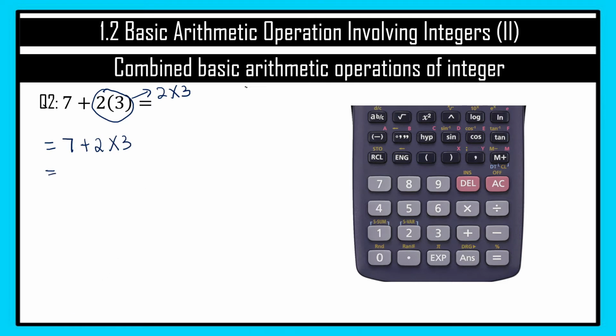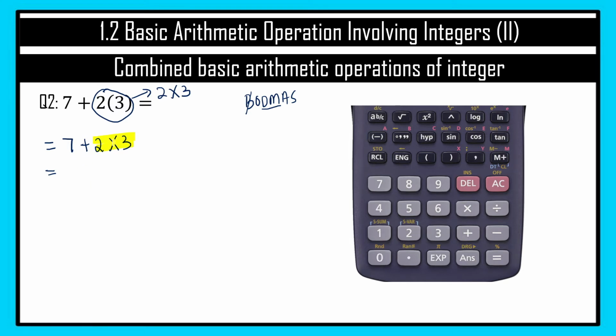Alright, according to BODMAS, which I'm going to write here, there is no bracket, so I'm not going to see the bracket. The next one is either divide or multiply. According to the question, there is one multiply, which is 2 multiply 3.